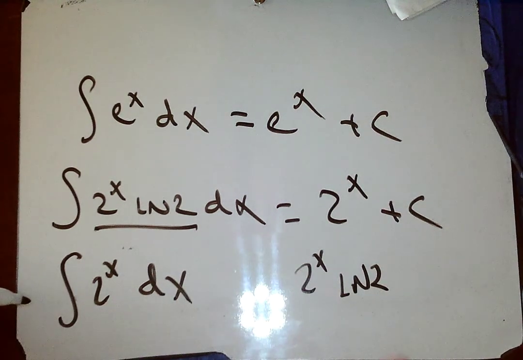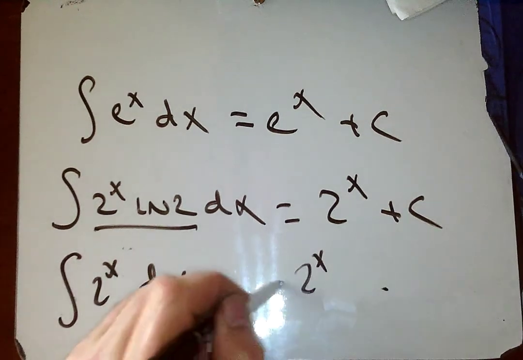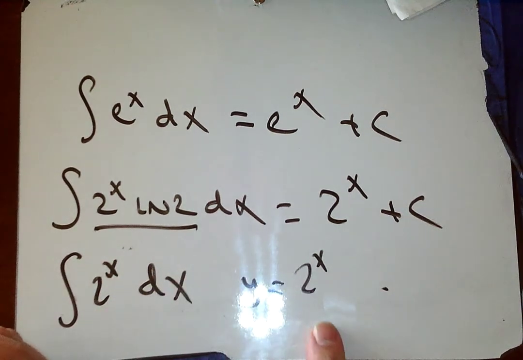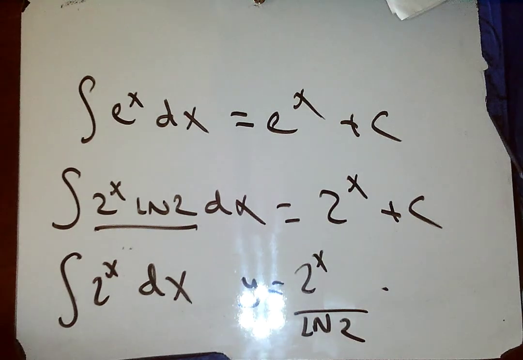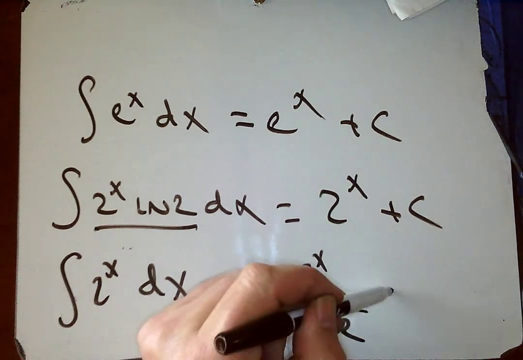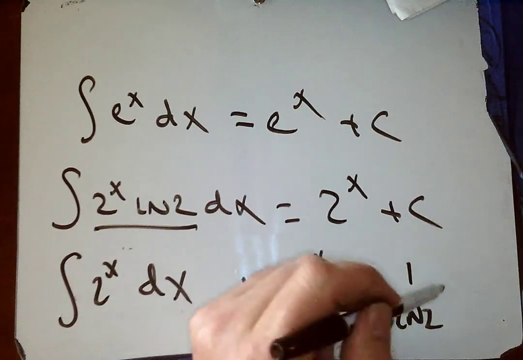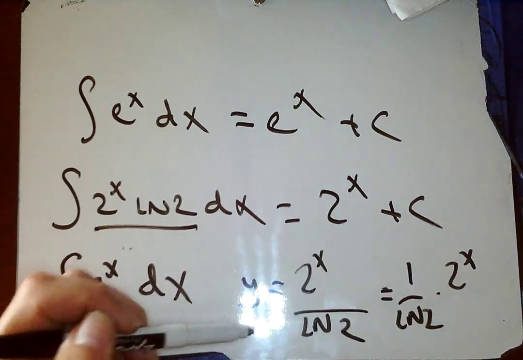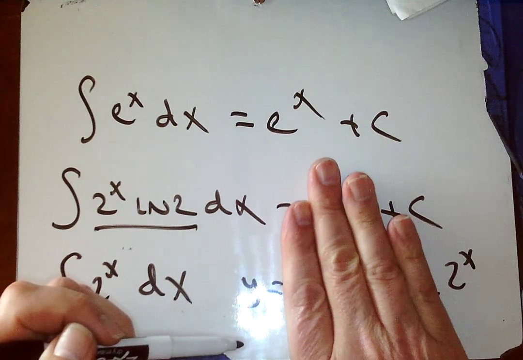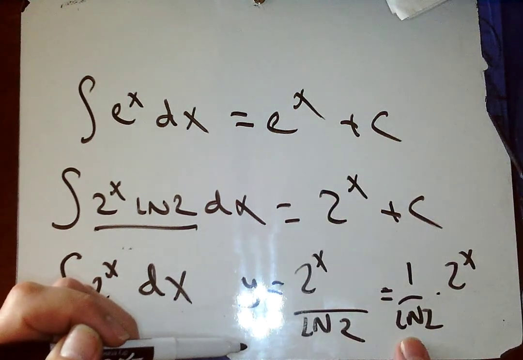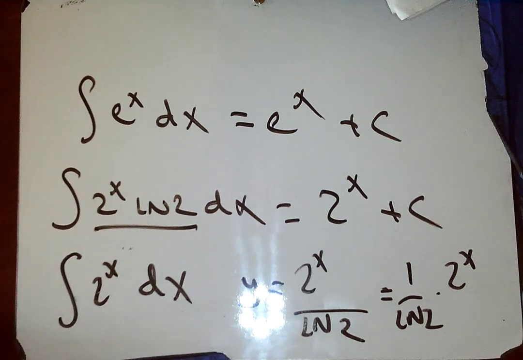So there must be something present in the original function so that when I take the derivative of that original function and that ln of 2 shows up, it gets canceled. That's my original function, right? So I can write that as 1 over ln of 2 times 2 to the x. The derivative of 2 to the x is 2 to the x ln 2. That ln of 2, that ln of 2 cancel and leave me just 2 to the x. Okay? All right.